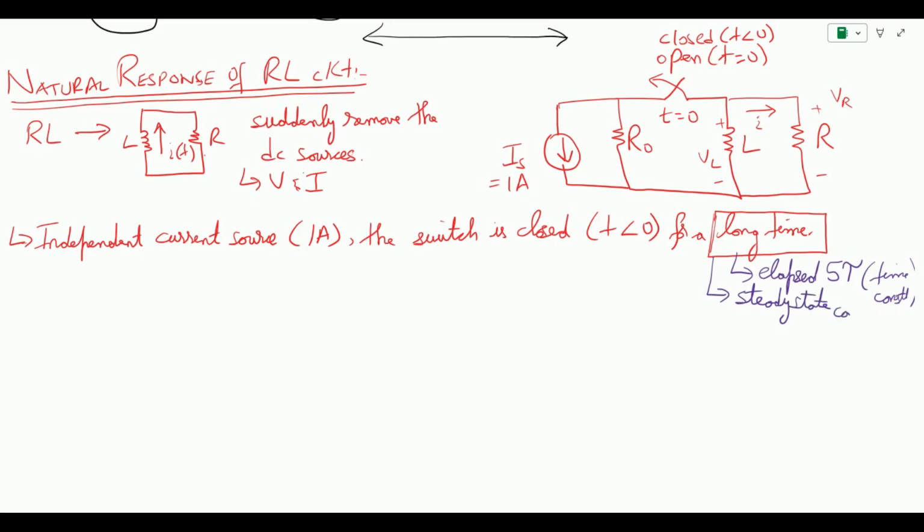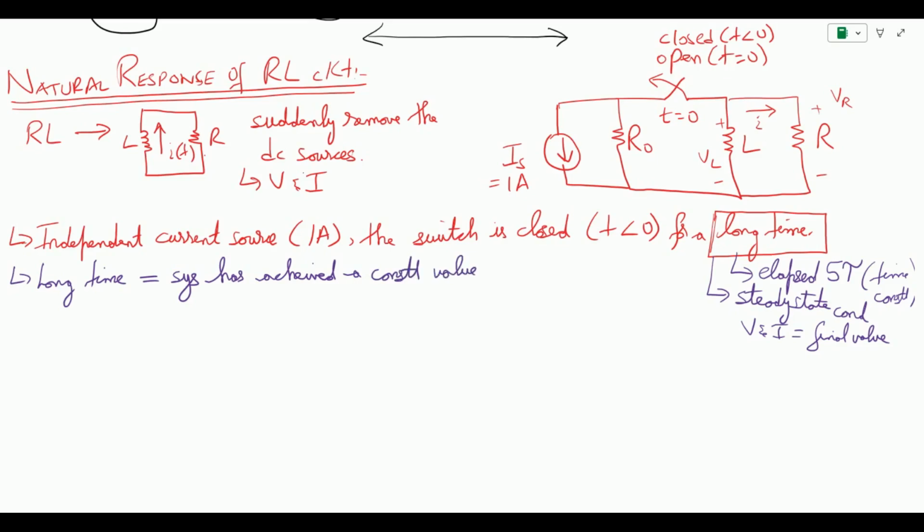Steady state condition means that the voltages and currents have reached their final value, which means that if the switch has been closed for a longer time, a constant flow of current and voltage is going to appear across all the circuit elements, being R0, L and R. So long time means that the system has achieved a constant value for whatever the source we have, in this case a current source, and the voltages that are going to appear based on this current source.